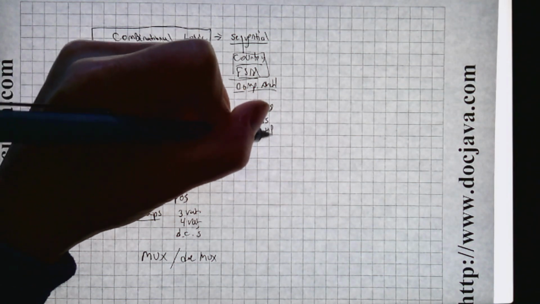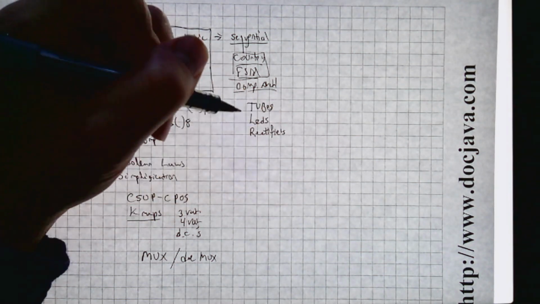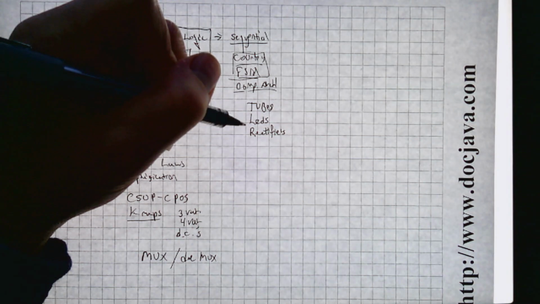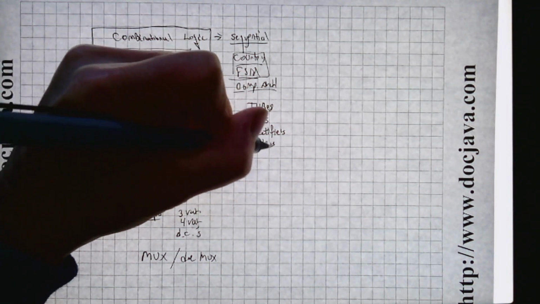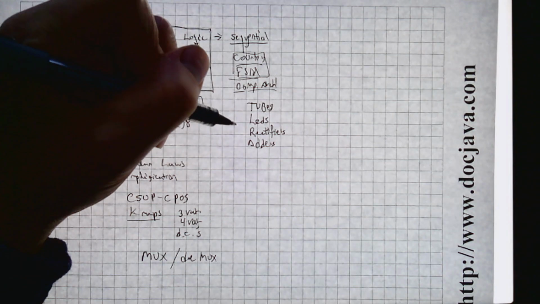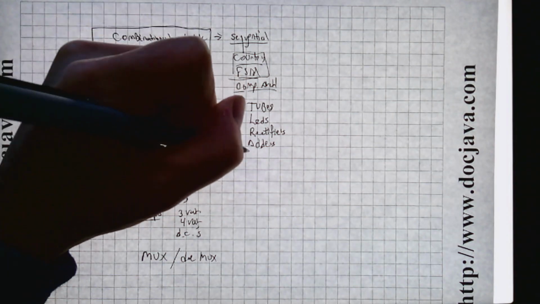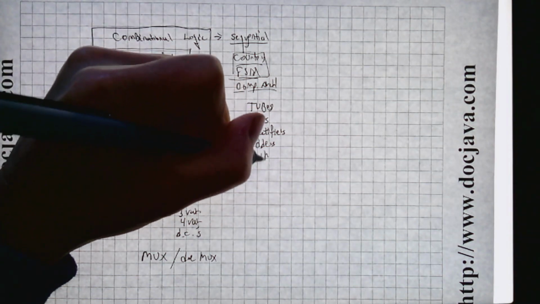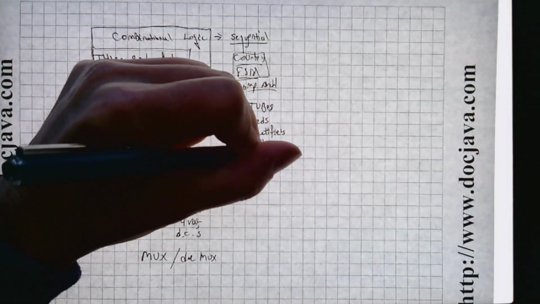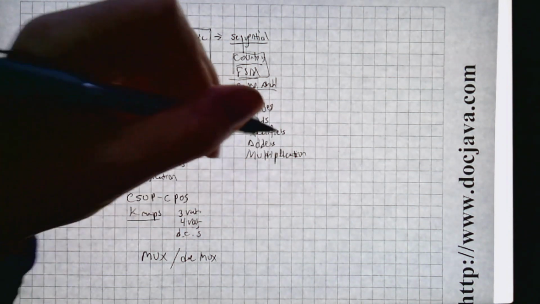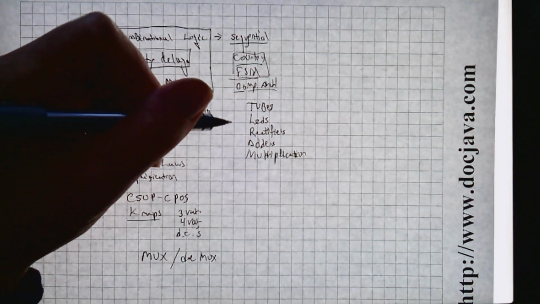Rectifiers. Adders. Multiplication. It's nothing you haven't seen before. In fact, you've probably seen it all already, at least once.